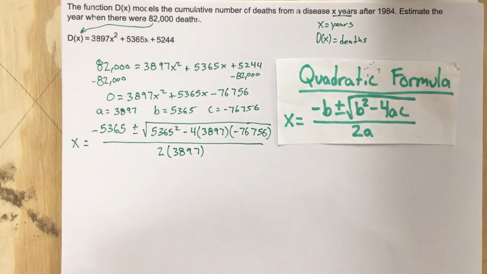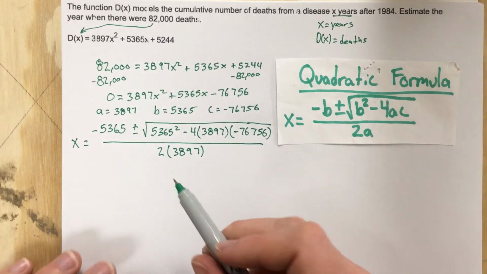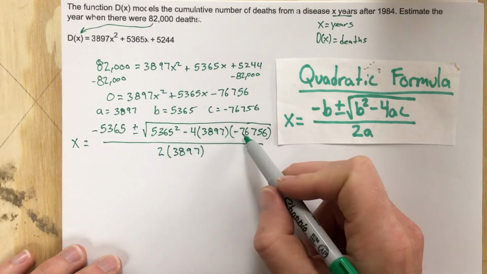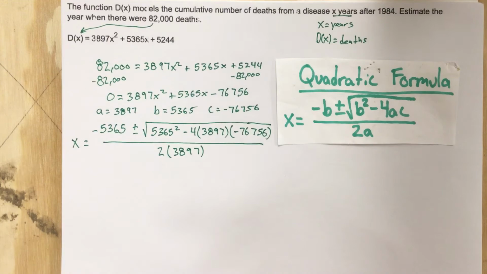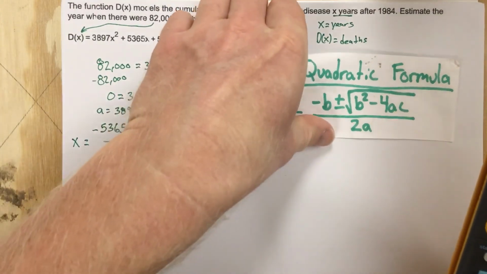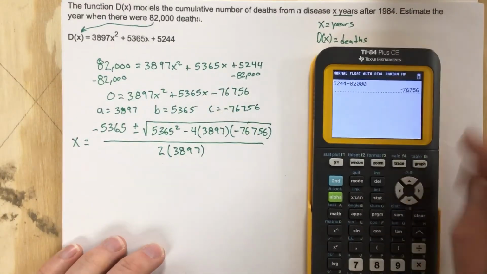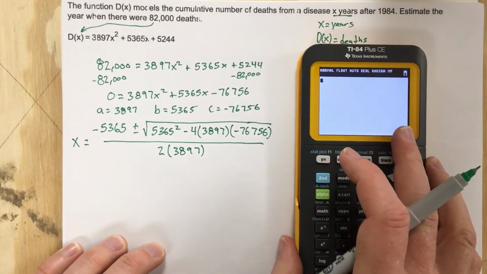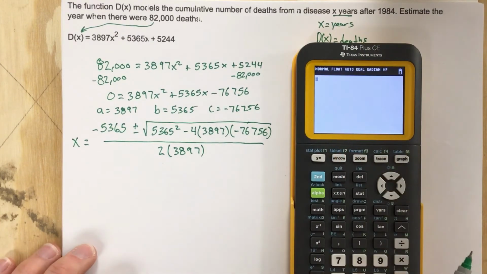Alrighty. Now, we're going to plug this part into the calculator. I'm going to take the quadratic formula and set it off to the side. Let's plug that in. So we're going to do 5,365 and square it.